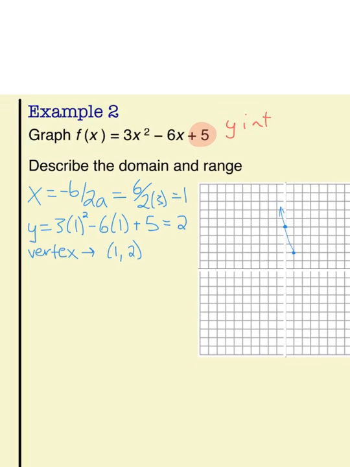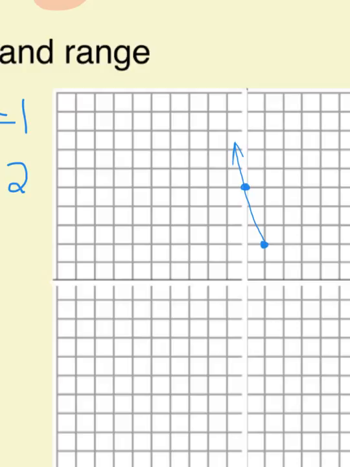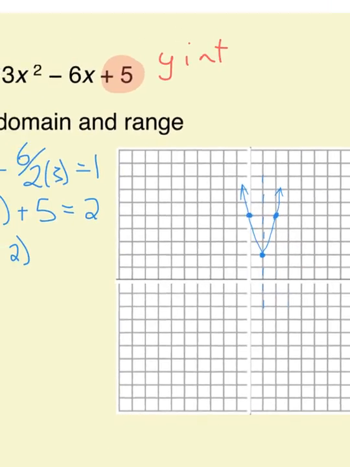Now remember I said that x equals 1 is also the axis of symmetry. That means there's going to be an imaginary line at x equals 1 where the graph is symmetrical. If that parabola is symmetrical, that means I can reflect that left half over that axis of symmetry, and there's going to be another point right there. So now I can picture where both sides of my parabola are, because I can graph the point 1, 2, where the vertex is.